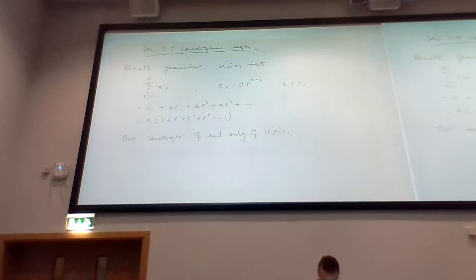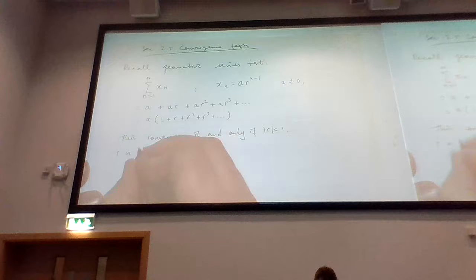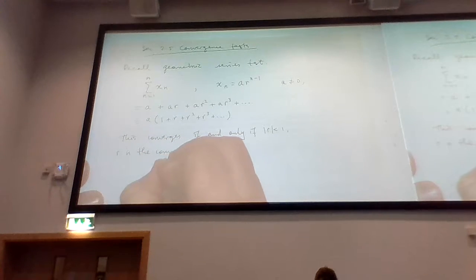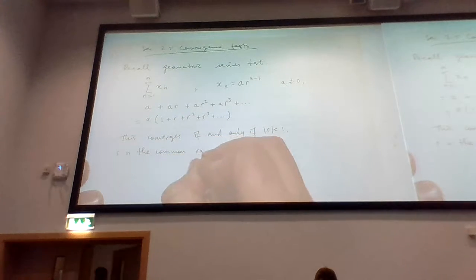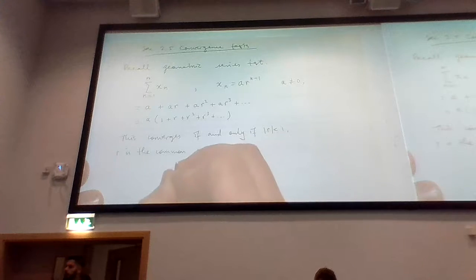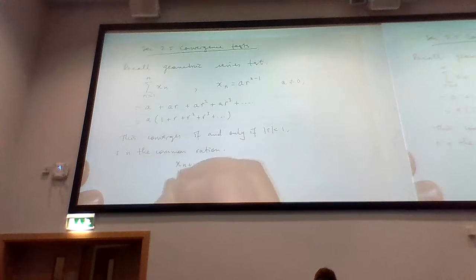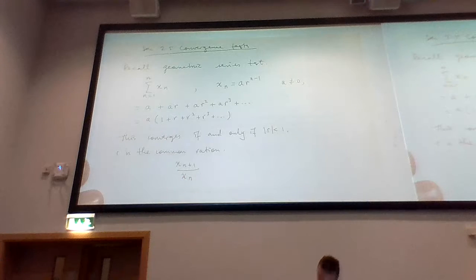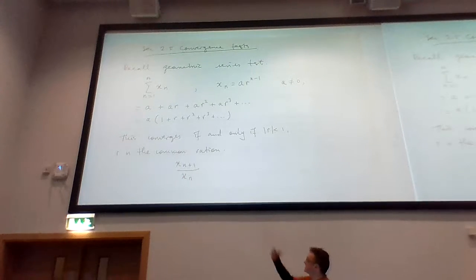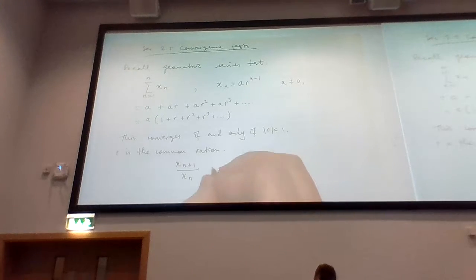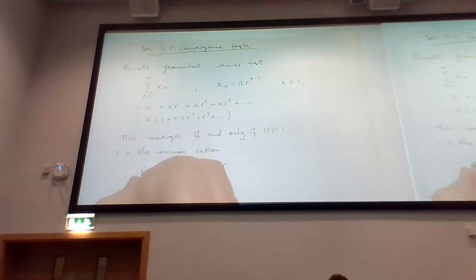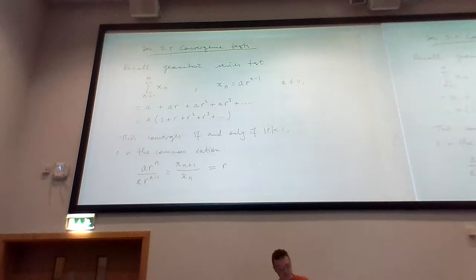Now notice r is called a common ratio. You take one of the terms x_(n+1) divided by the previous term x_n, then you always get the quantity r. Yeah? Because you're taking ar^n divided by ar^(n-1).